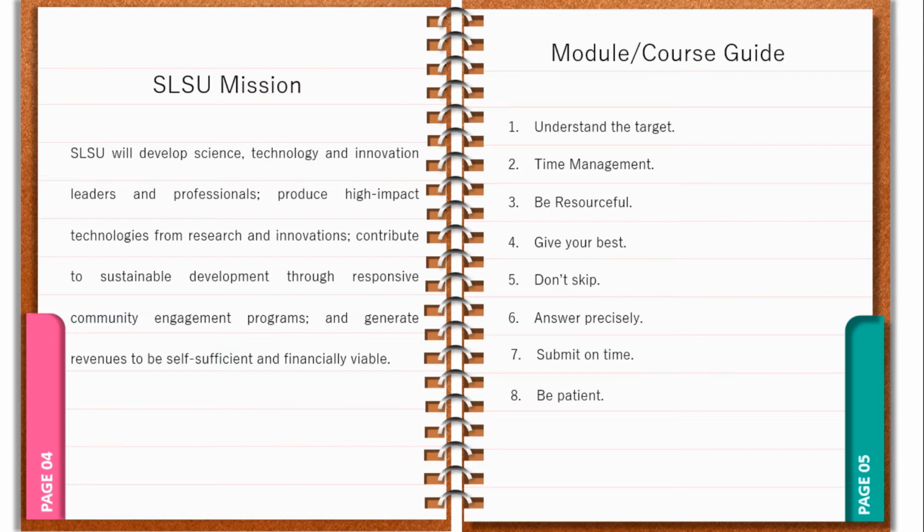Sixth, answer precisely. As much as possible, answer or do the task precisely. Hence, read the directions carefully to accurately follow the instructions. Also, read the question prudently to be able to decide on the correct answer. A reminder, make sure to give your answer completely and concisely.